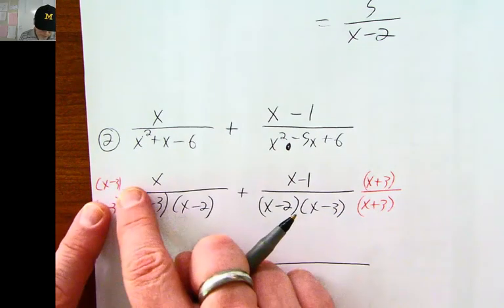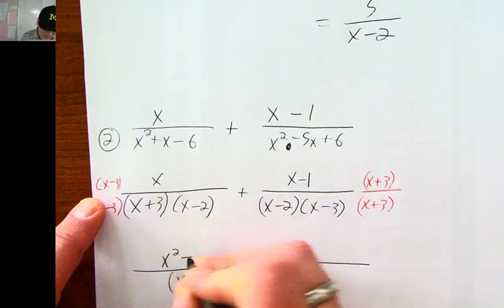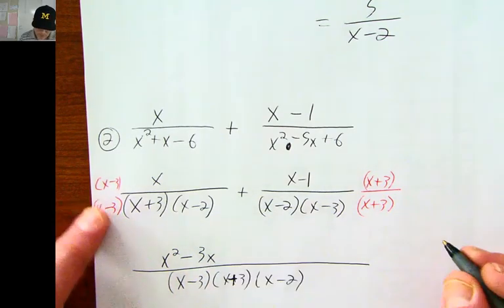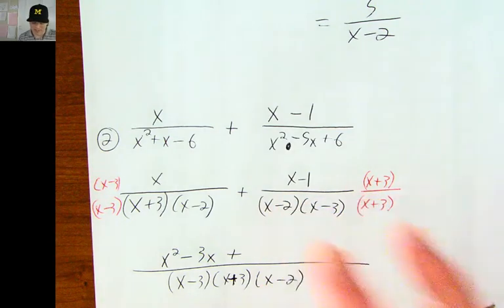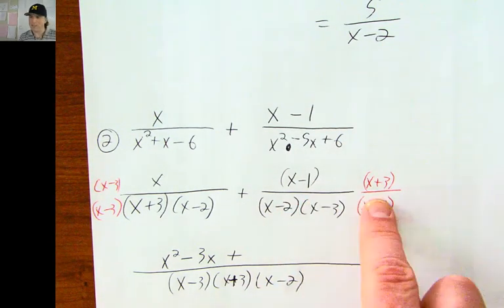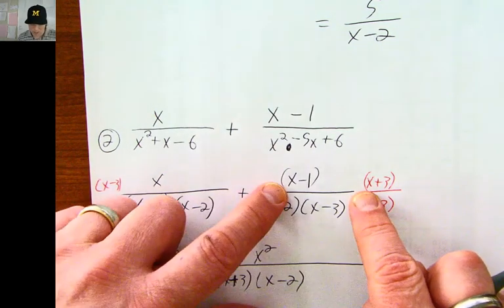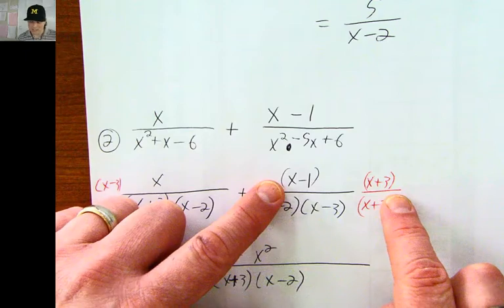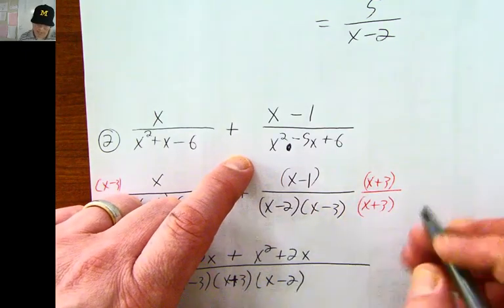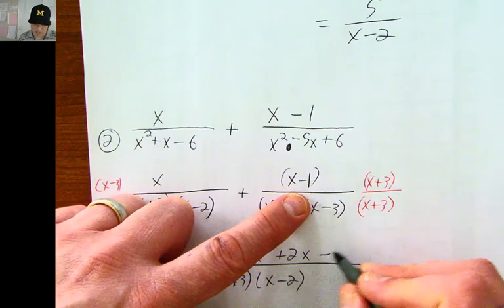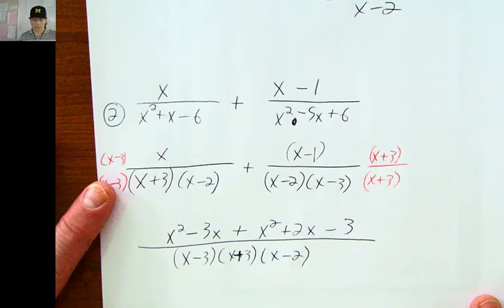On the numerator, x times x minus 3 is x squared minus 3x plus this stuff. This is like having x minus 1 times x plus 3. You've got to completely FOIL it together. X squared plus 3x minus 1x makes a plus 2x, and then negative 1 times 3 is minus 3. Ooh, now I have like terms that can be added together.